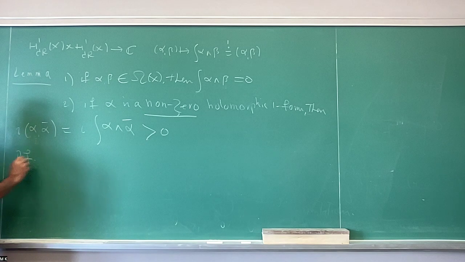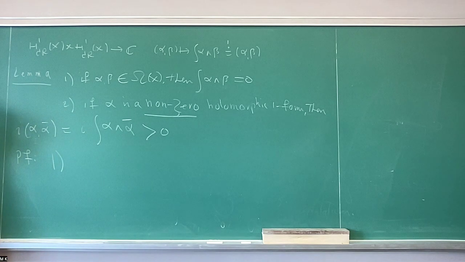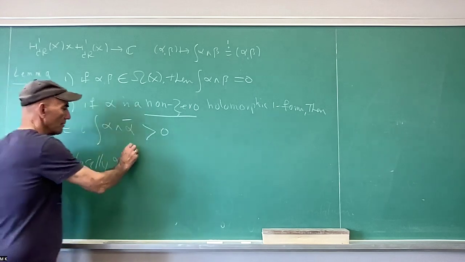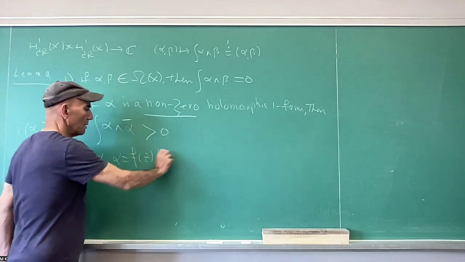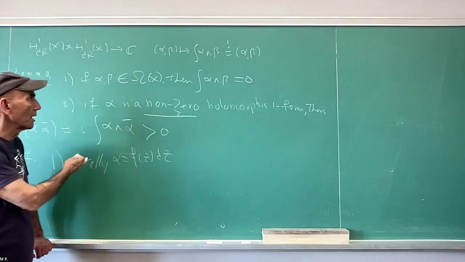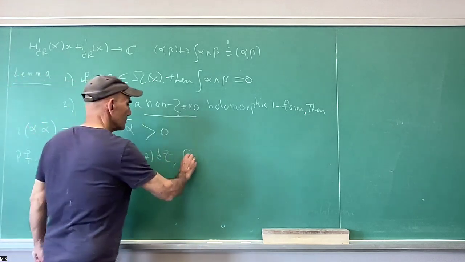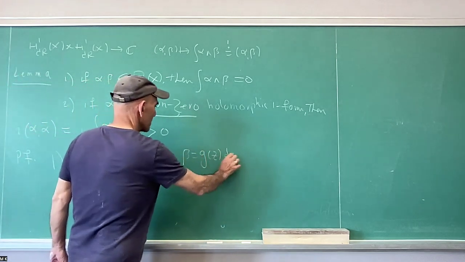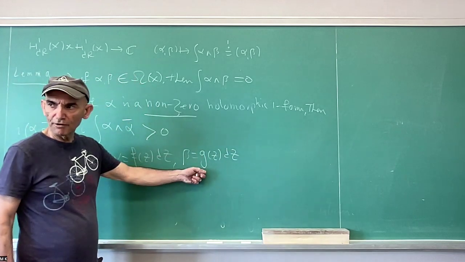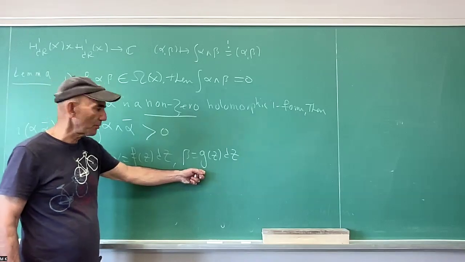Proof. Case one. Let's see how we can prove that. Alpha is a holomorphic one form, right? So locally we can write it as f of z dz. And beta is g of z dz, where f and g are locally holomorphic functions.